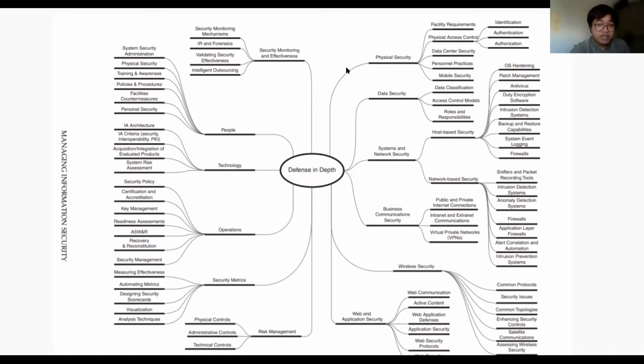Given the time that we have, I will be leaving this for your own reading, but essentially defense in depth contains multi-layered defensive mechanisms in order to protect valuable information and data from any malicious attack.